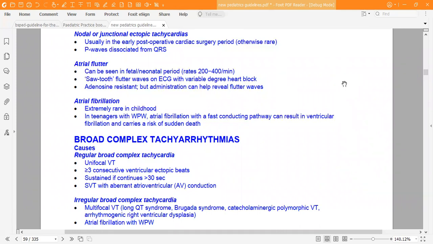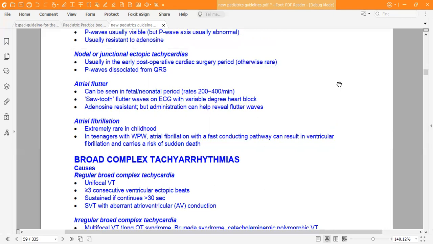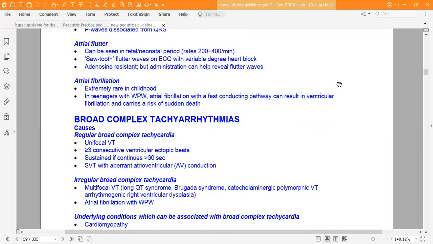In teenagers with Wolff-Parkinson-White syndrome, atrial fibrillation with a fast conducting pathway can result in ventricular fibrillation and carries a risk of sudden death as well. Okay, so that's the supraventricular tachycardia and other tachycardias with small or narrow complex tachyarrhythmia.